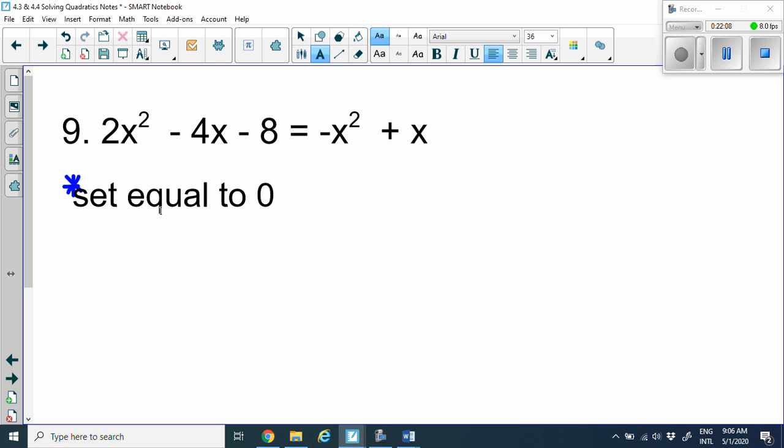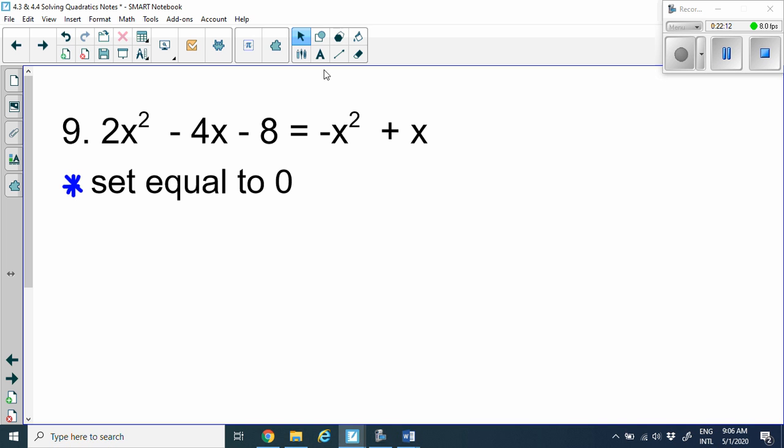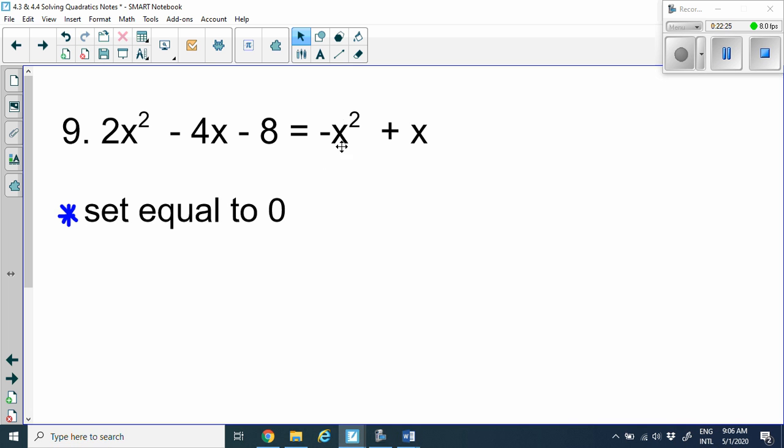In order to do that, what I like to do is keep my x squared positive. So what I'm going to do is move the things that are on the right hand side over to the left hand side. So I'm going to add x squared to both sides.